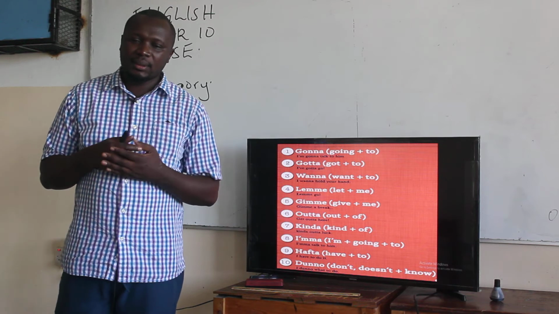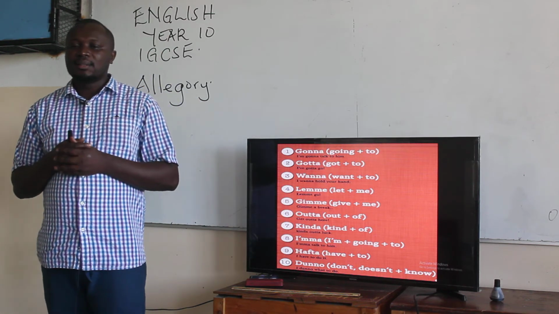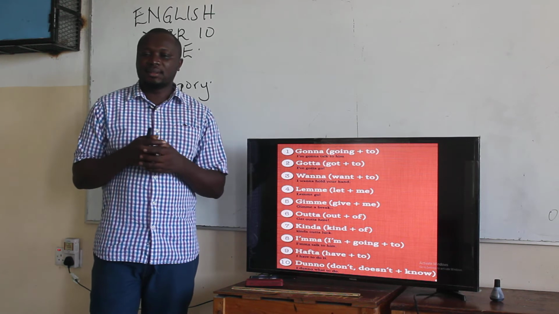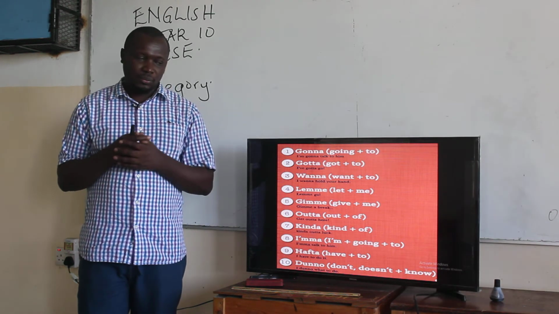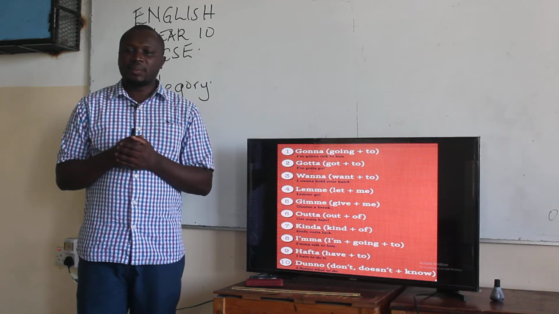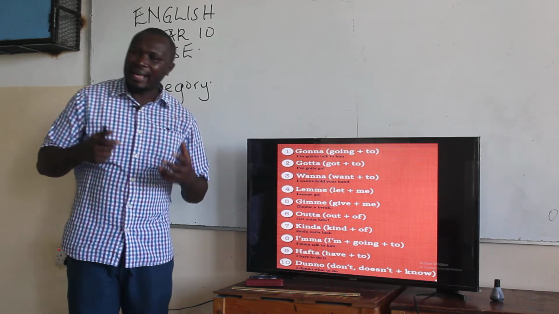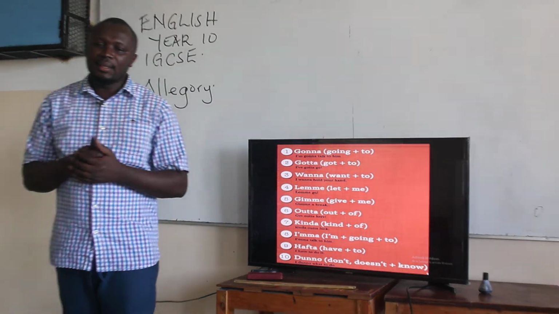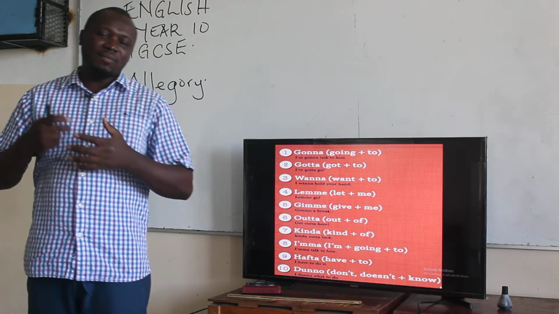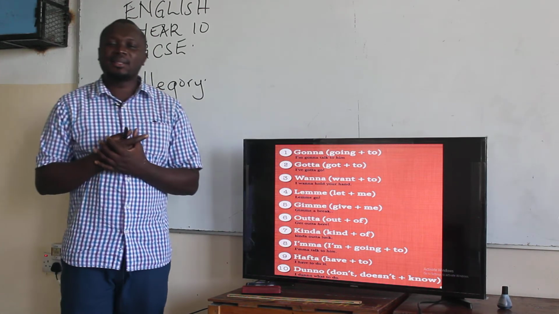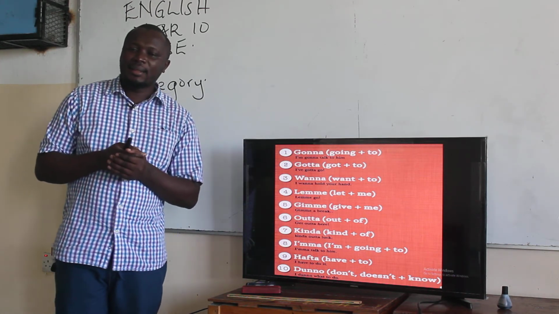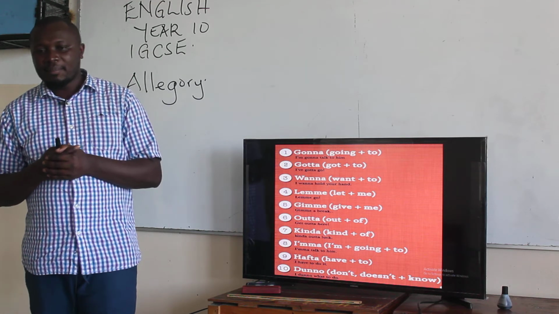I dunno, instead of I don't know. Such are colloquial expressions. I gotta go, I wanna, lemme, gimme a break instead of give me a break. That's colloquialism. Kinda: I'm kinda out of luck, I'm kind of out of luck.